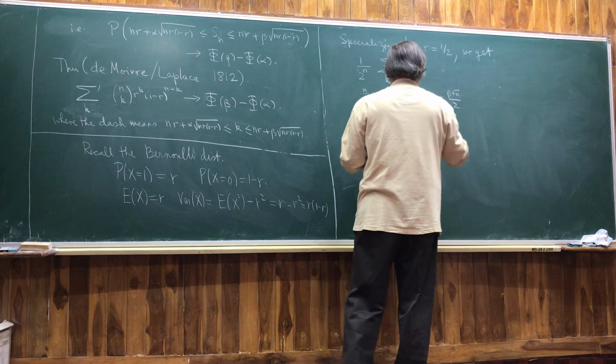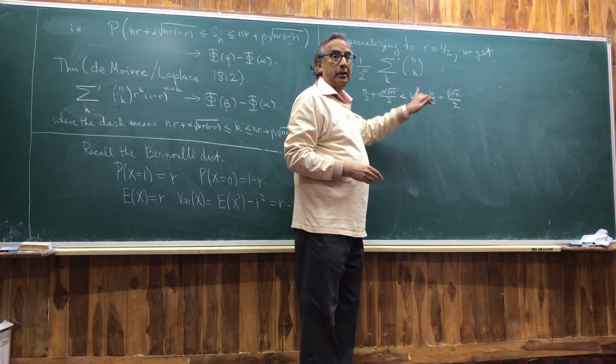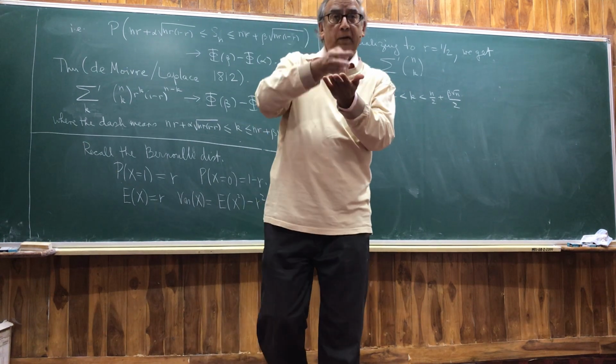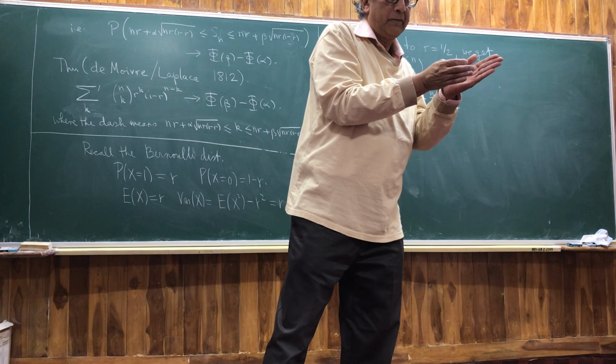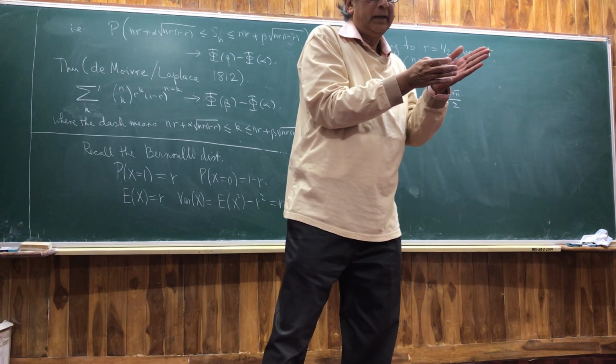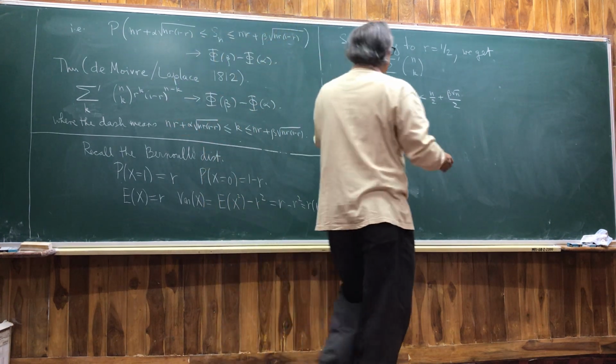In other words, you're hovering near the middle coefficient. This binomial coefficient, the largest one is in the middle coefficient. And if you move to the left of that middle coefficient by order of square root n, or move to the right by order of square root of n, you have an asymptotic.